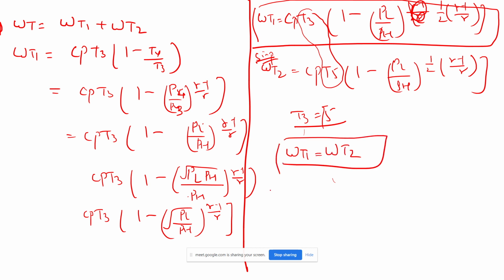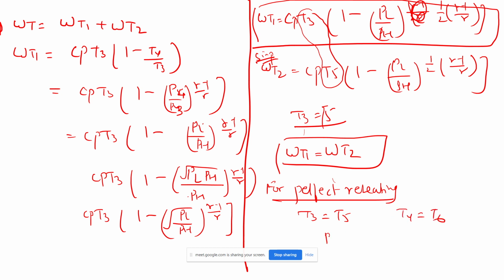So for perfect reheating, temperature T3 should be equal to T5, T4 should be equal to T6, P intermediate should be the square root of P higher into P lower, and turbine work 1 should equal turbine work 2. This is very important.